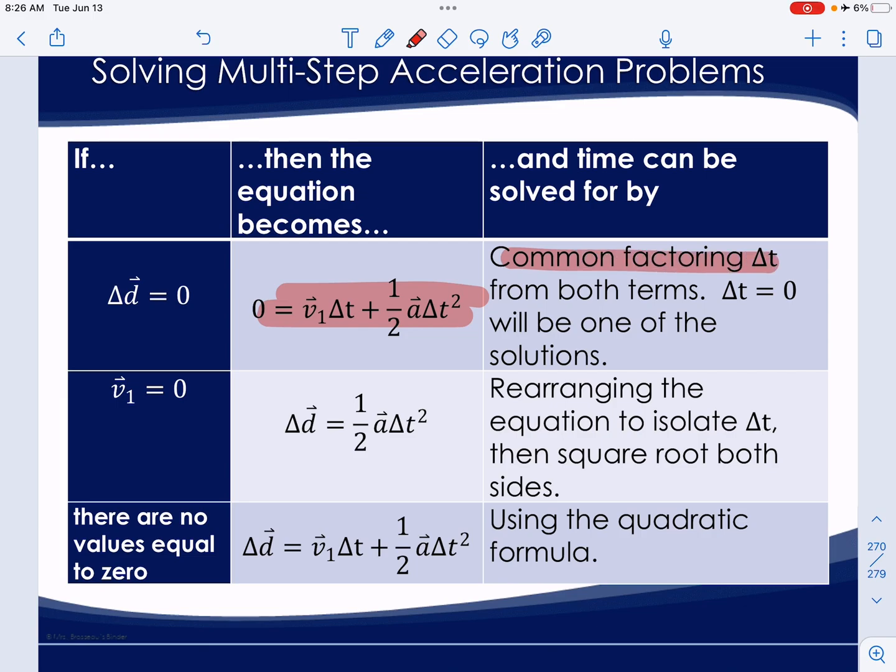You can do rearranging, and here you're going to take the square root. And then here, basically this is like a quadratic example where you have delta t squared, delta t to the 1 power and delta t to the 0 power, because here there's no delta t, so it would be delta t to the 0 power, which is 1.